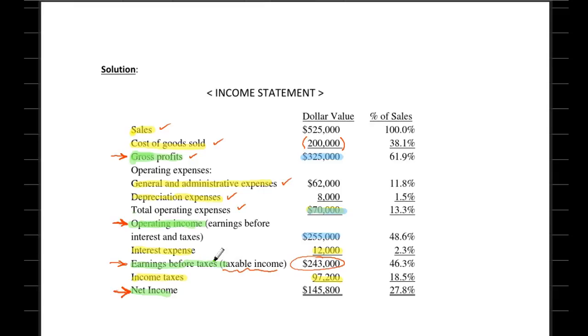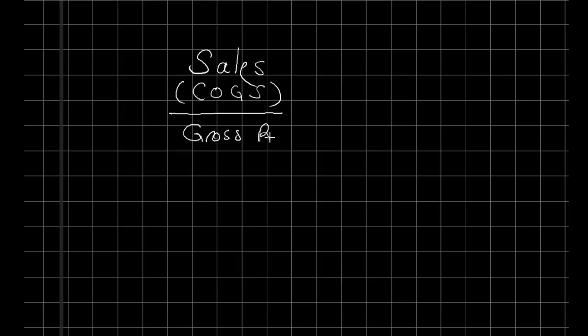Let me actually open a new page to list those items one more time. So let's try to remember together. We started with sales, and then we deducted cost of goods sold from sales, and the difference between the two gives us gross profit. Then from gross profit, or gross income, we deducted operating expenses, again in brackets because it's an expense item.